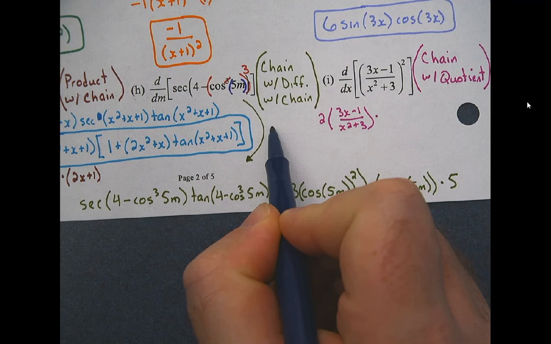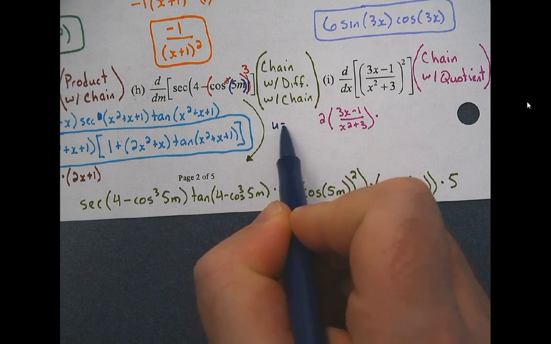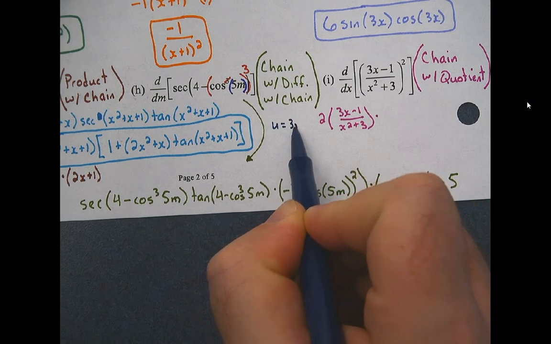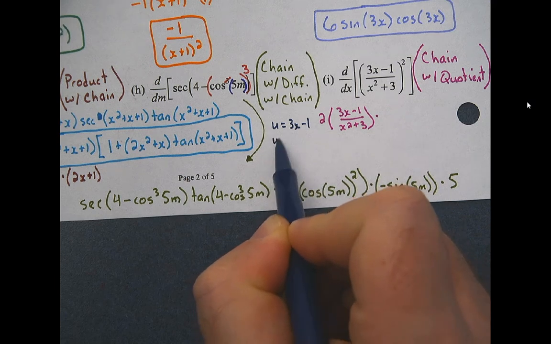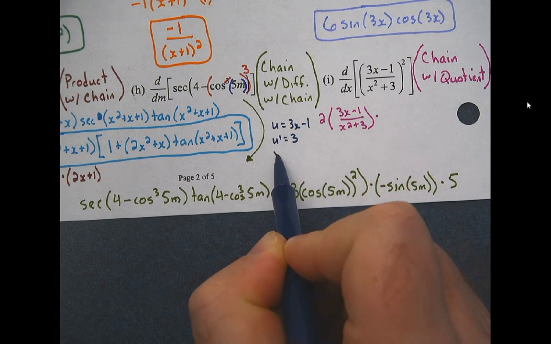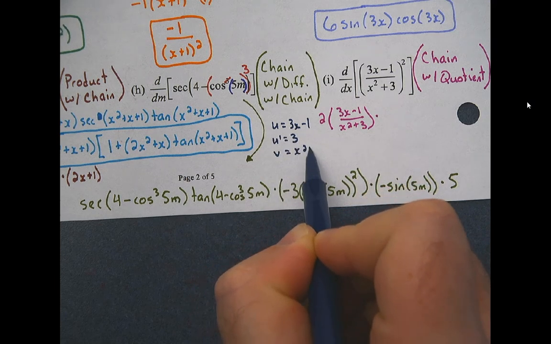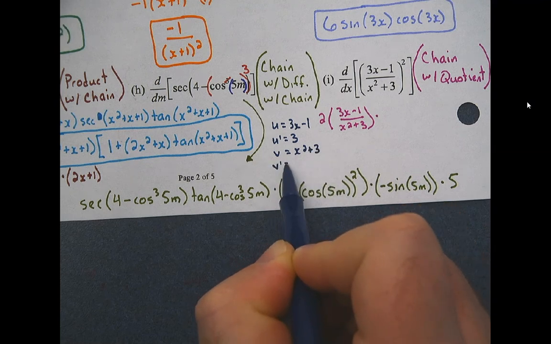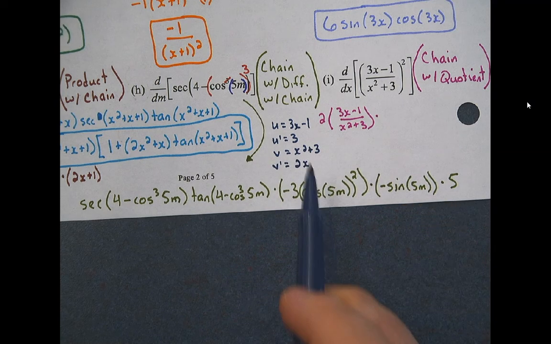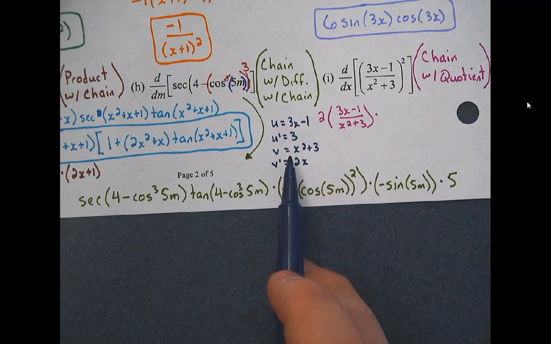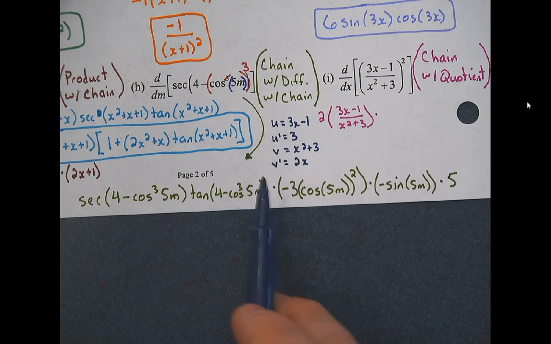Okay, so now I'm going to do a quotient rule. U equals 3x minus 1. U prime equals 3. V equals x squared plus 3. V prime equals 2x. So there's my quotient rule: u prime v minus uv prime, all over v squared.